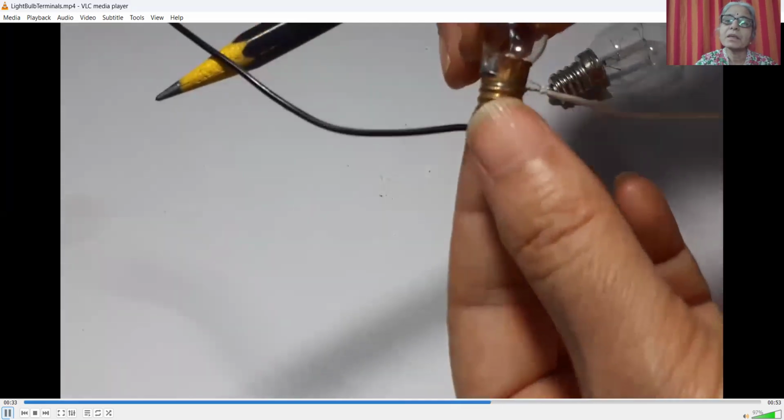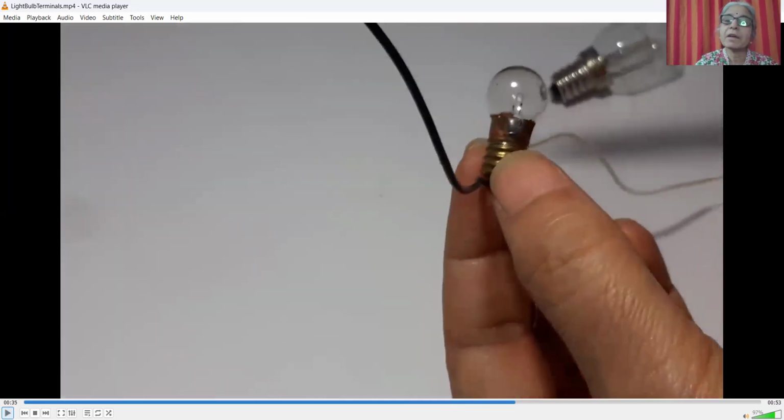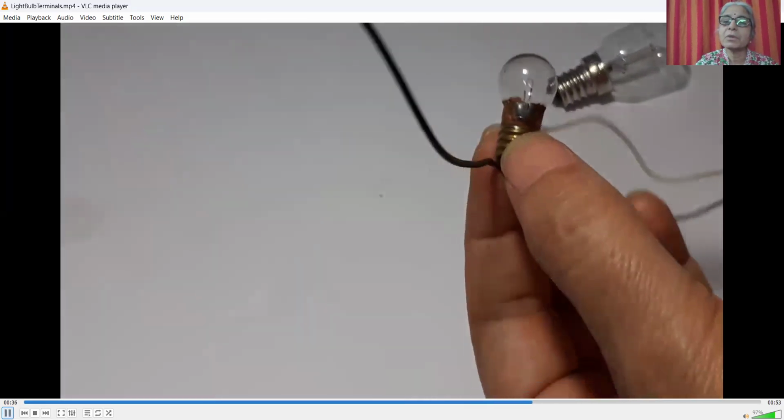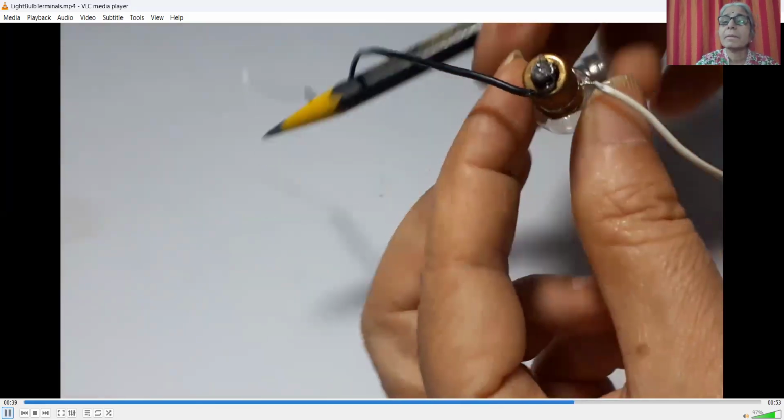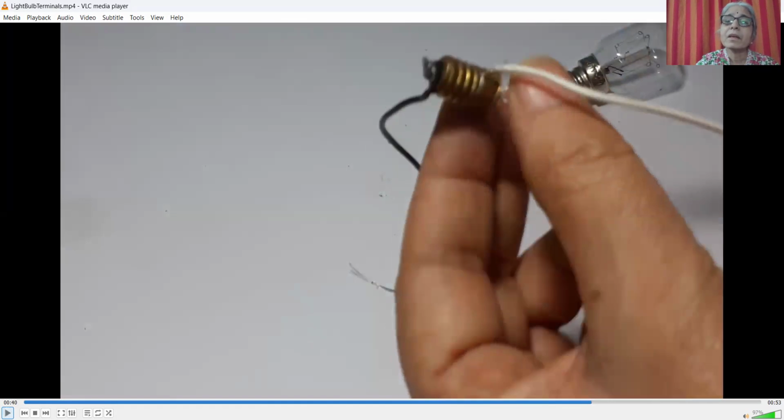Again, you can see the two terminals, and we have connected the wires to these two terminals. One wire is attached to the small shiny knob, and the other wire is attached to this larger cup. These are the two terminals of the electric bulb.